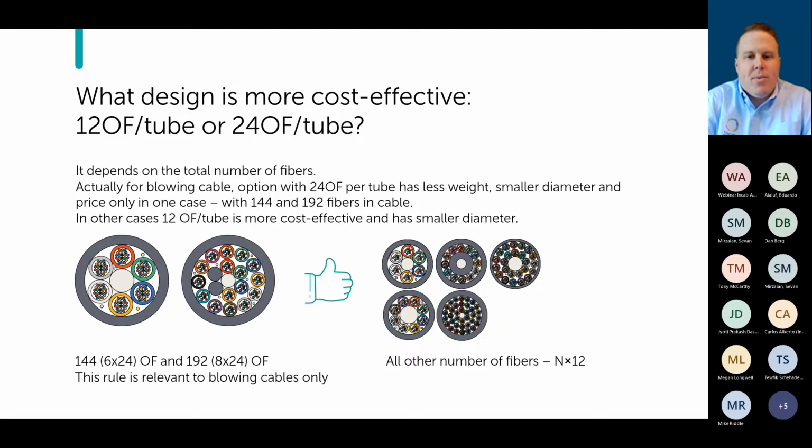But with micro cable, it's about what we have to accomplish and how it affects the design, while still keeping up the hardness and stiffness, really the strength, of the jacket. It just so happens that those two designs, the 144 and the 192, are the only two that present you a more cost-effective option.